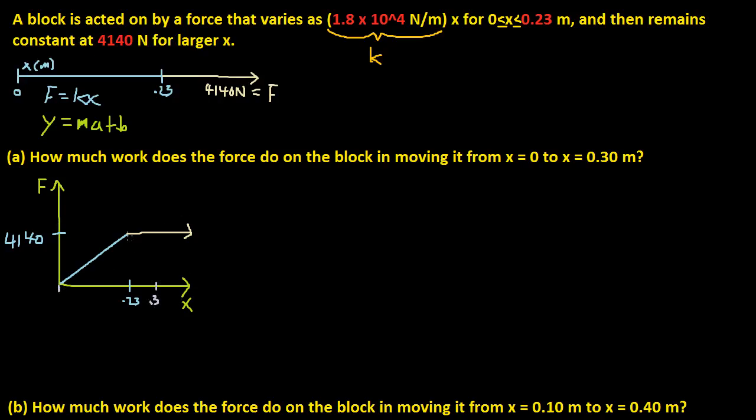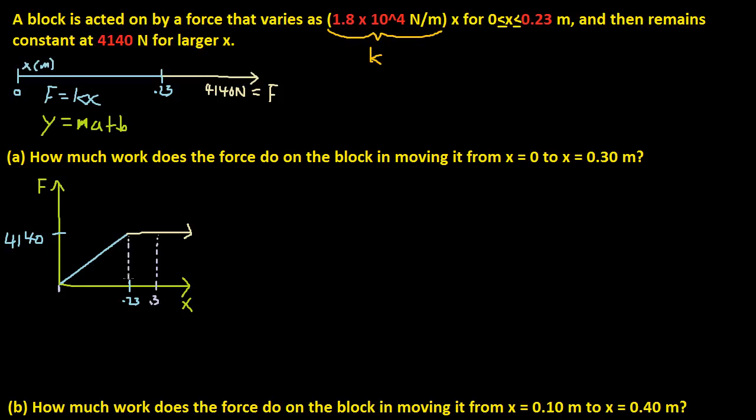In order to calculate work, work is force times distance, right? So if this is distance and this is force, we can multiply these and find the work. It's actually the area under the curve, this area right here, and this is a vaguely weird shaped area. So I'm going to try to divide that into simpler areas.